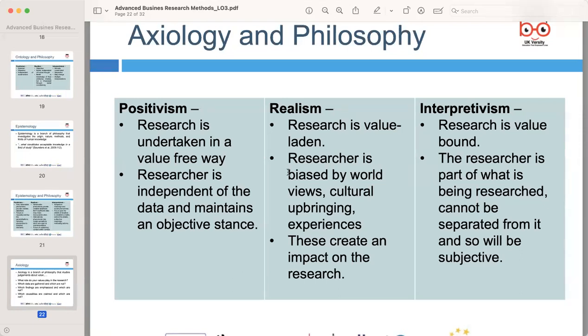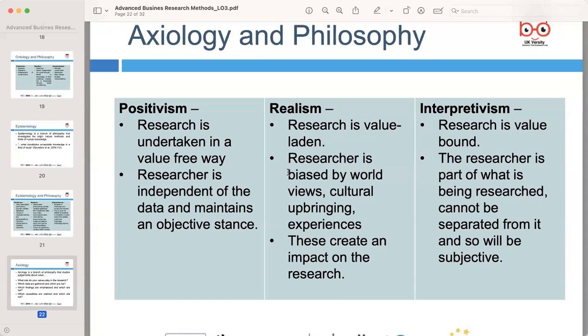Interpretivism recognizes that individuals and groups have unique experiences and interpretations of the world, which are influenced by their culture, language, and social interactions.